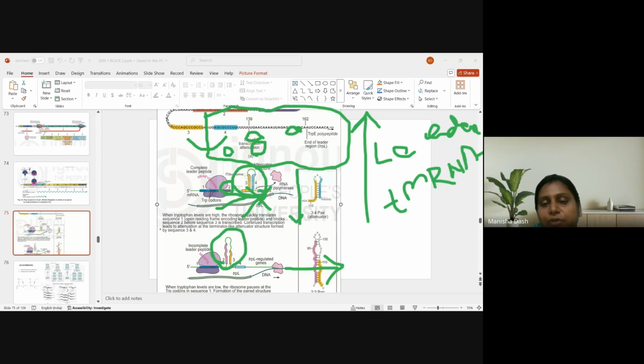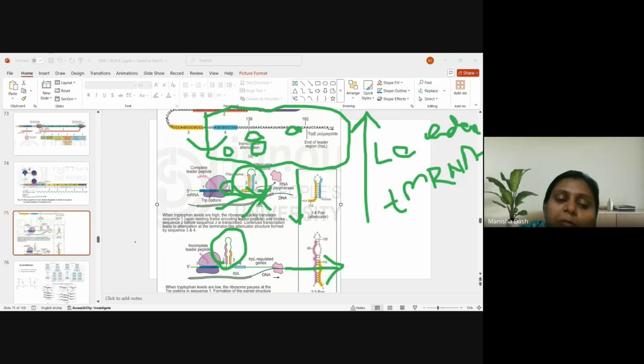So attenuation means what? It will try to lower the expression level. When the tryptophan is present, a hairpin structure forms between segments 3 and 4 of the leader, and this blocks the transcription of the tryptophan operon. But at low concentration of tryptophan, the leader sequence cannot be completed, so 2 and 3 form a loop, and the inhibitory 3 and 4 hairpin is not formed.